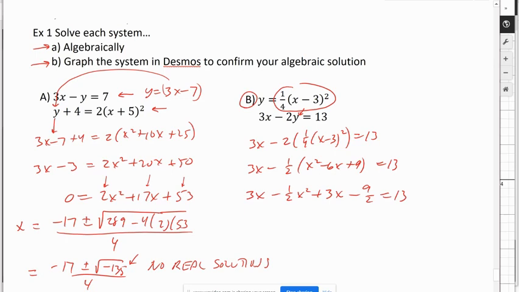And so that is negative 1/2 x squared plus 6x. And then if we move the 13 to the other side, that's going to be minus 35/2 equals 0.